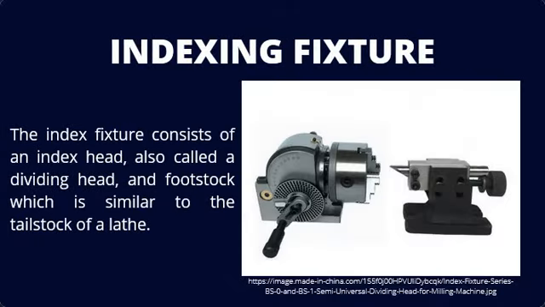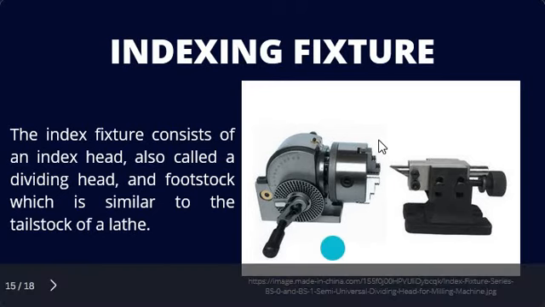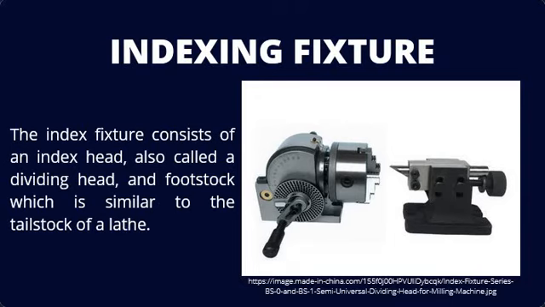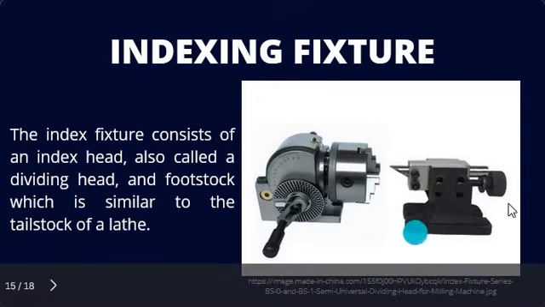Next is the indexing fixture. So the indexing fixture consists of an index head. This is the index head, also called dividing head, and footstock. This is the footstock, which is similar to the tailstock of a lathe machine.